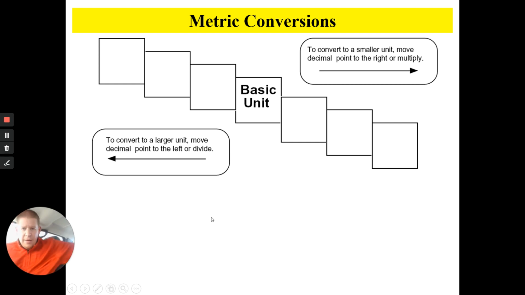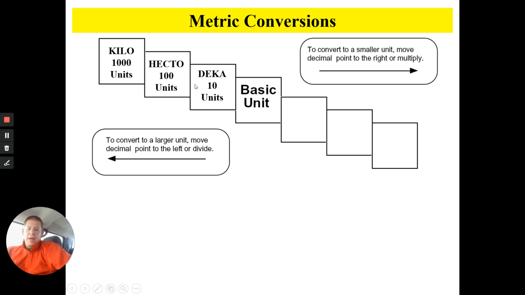So when we think about metric conversions, again, we start at the top. We have kilo, which would be 1,000, and then hecto, which would be 100, and then deca, which would be 10, before we get to the basic unit of meters, liters, and grams.